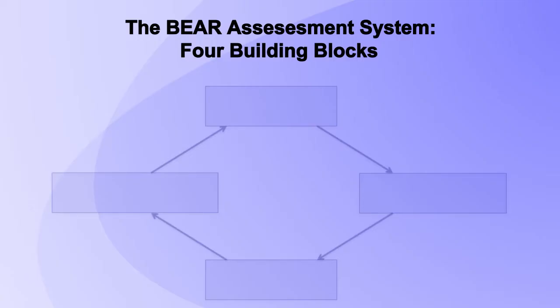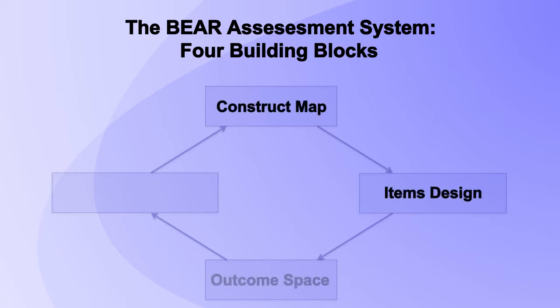For this project, we use the construct modeling approach called the BEAR assessment system to develop valid, reliable, and fair assessment materials. The BEAR assessment system has 4 building blocks: the construct map, items design, outcome space, and measurement model.